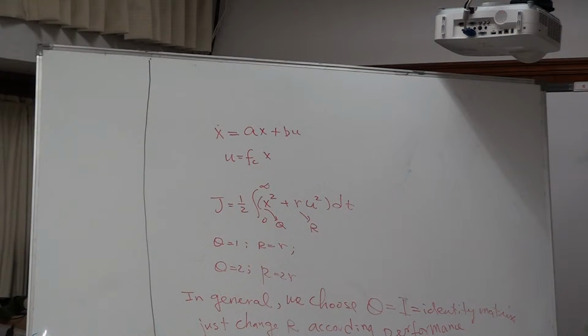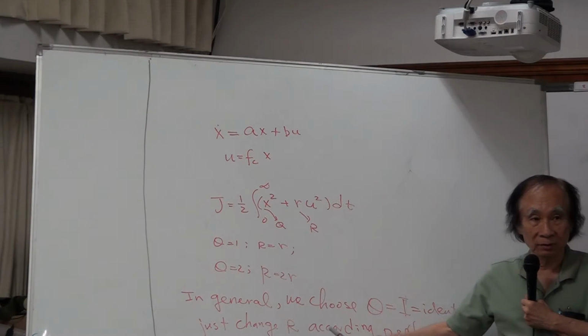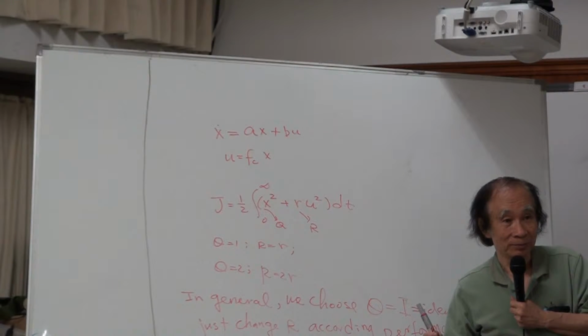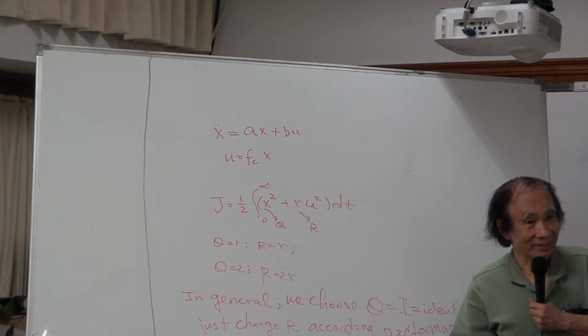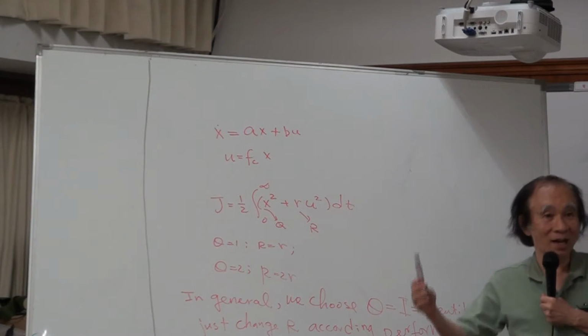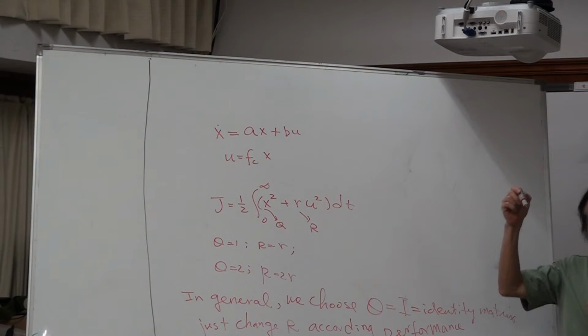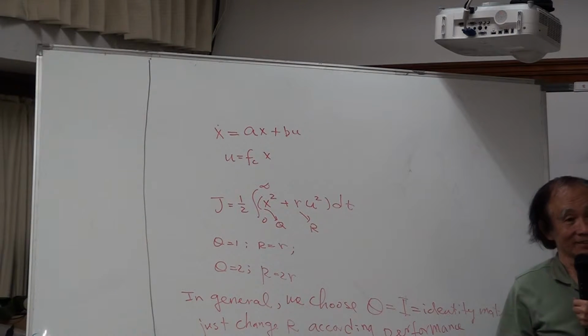Now, if you find out that the R you chose doesn't give you enough damping, then what are you going to do? Decrease R, right? If you increase R, you don't expect too much closed-loop damping. So as R keeps increasing, your closed-loop damping keeps going down. Understand now?